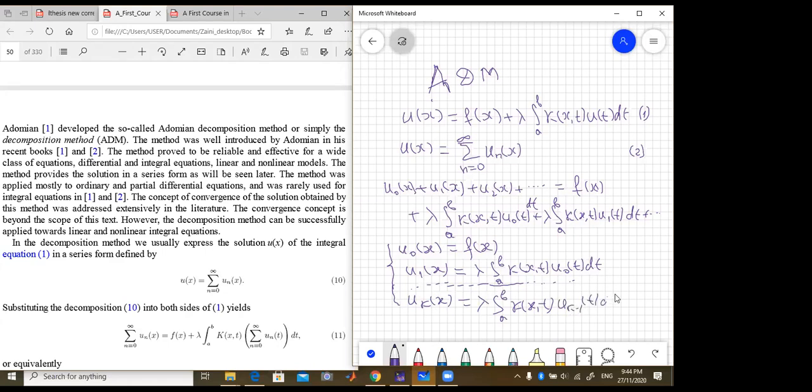Actually, in the iteration method, we have only this, right? u_k in terms of u_{k-1}, and u0 is just an initial guess.